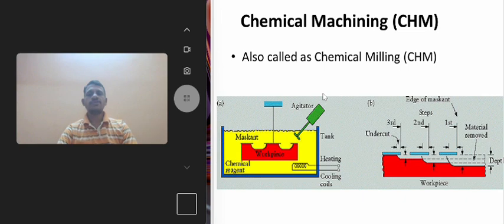If selective machining is desired, the areas of the workpiece which are not to be machined are covered with a resistance material called a resist or maskant.